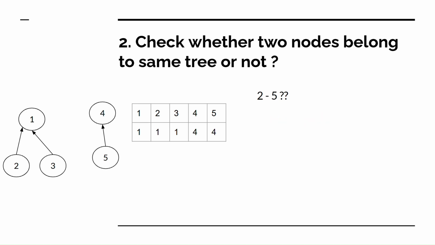And what about 2 and 5? As 2 and 5 belong to different trees, if we keep traveling to the parent, we are definitely not going to meet at the same node, as 2 is going to reach 1 and 5 is going to reach 4, and from 1 and 4 we cannot move further. So definitely these do not belong to the same tree.